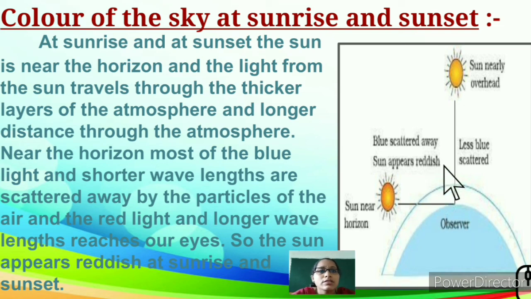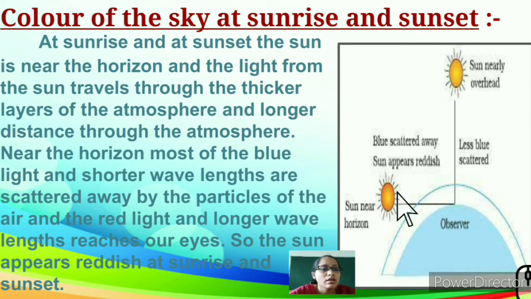What happens is, the sunlight from the sun travels through thicker layers of the atmosphere and travels longer distances. Near the horizon, most of the blue light, the shorter wavelengths, is scattered away. As I told, it gets scattered away by the particles of air, and red light, the longer wavelength, reaches our eyes.